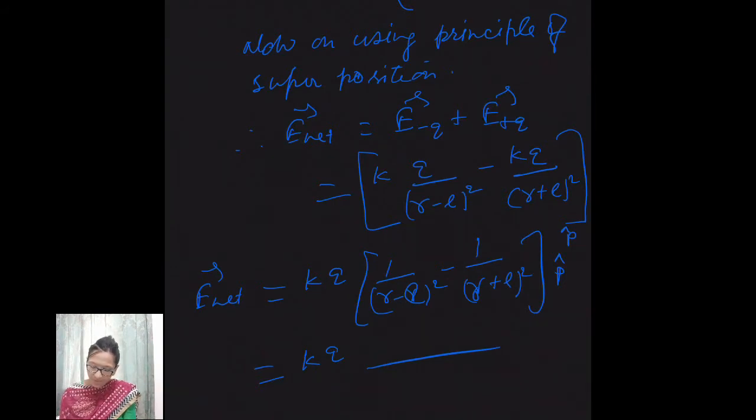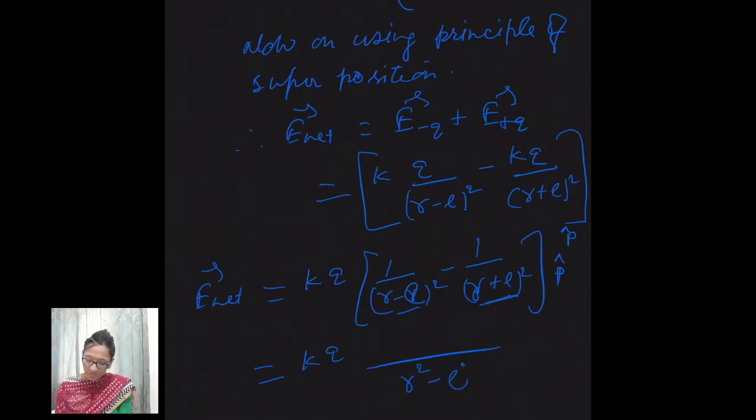It will be equal to the product because they are different. So let me multiply the two, a plus b into a minus b. And here it becomes R plus L whole square minus R minus L whole square, and direction is P cap.